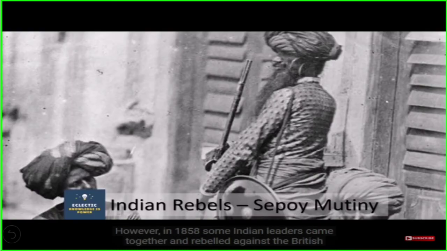And children, as you can see in the picture, these are the Indian rebels, the Sepoy Mutiny. Do you remember the date you have studied in the previous class? In which year was this Sepoy Mutiny, children? Yes, it was in the year 1857. And do you know what other name was given to it?